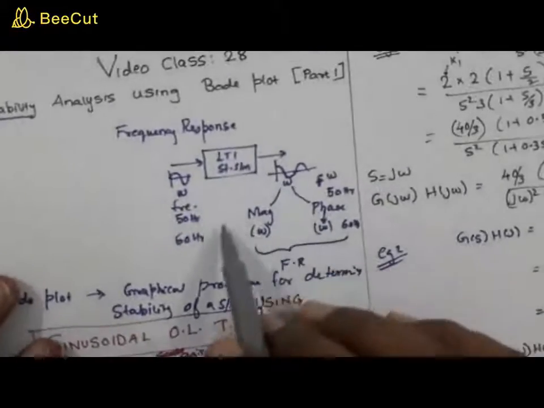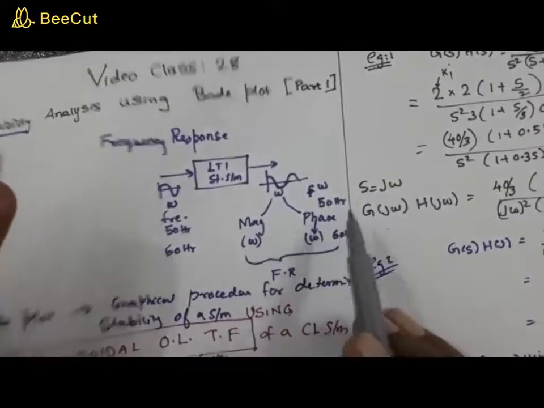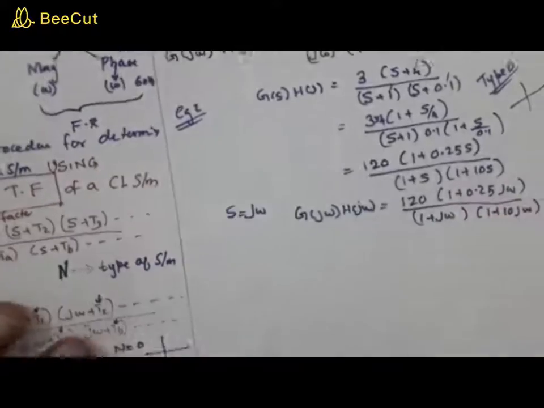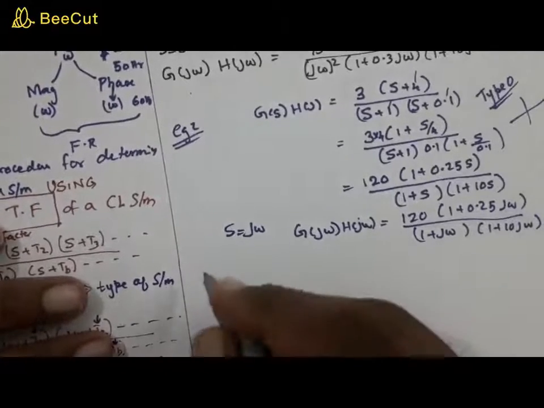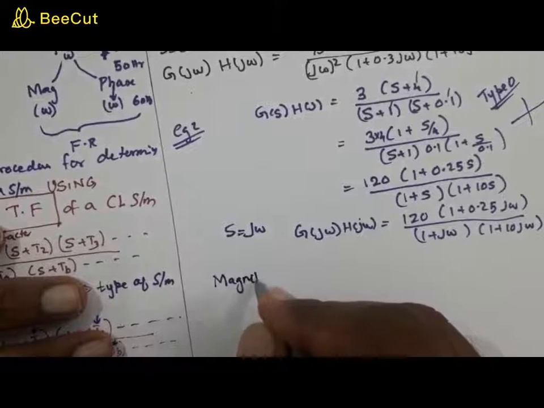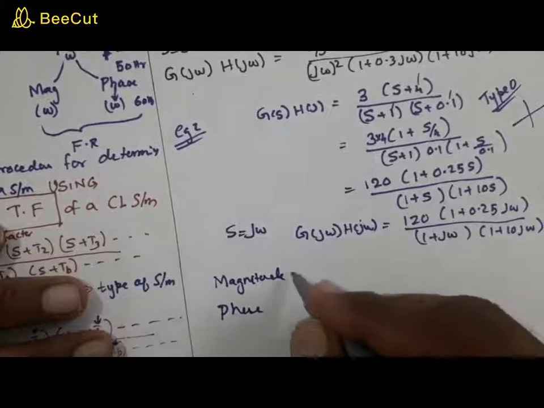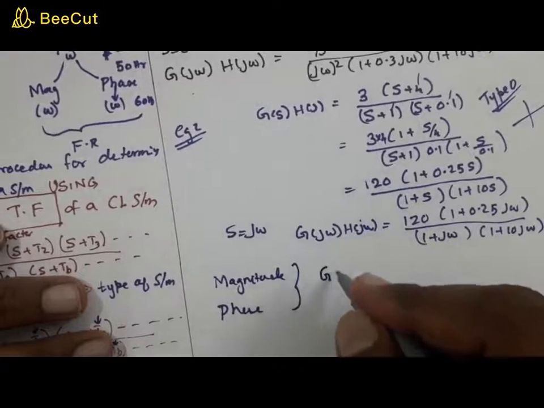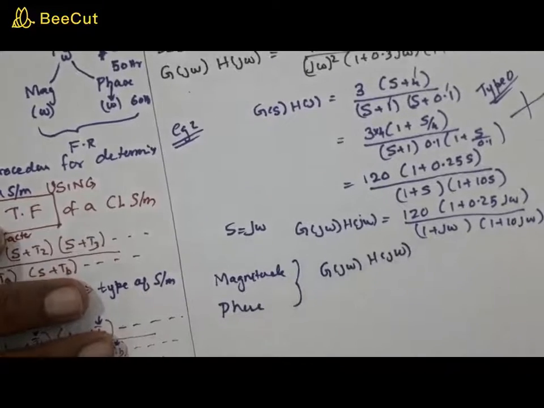Okay, I have just told you that the frequency response is actually a combination of the magnitude response and phase response. Now the next question is, using this Bode form of sinusoidal open loop transfer function, you can have the magnitude as well as the phase of what? Phase of this G(j omega)H(j omega).